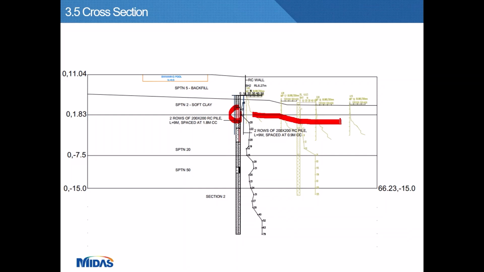The RC wall is supported by 2 rows of RC piles, 200 by 200 mm in size and 9 meters in length, spaced at 0.9 meter centers at the front row and at 1.8 meter centers at the rear.